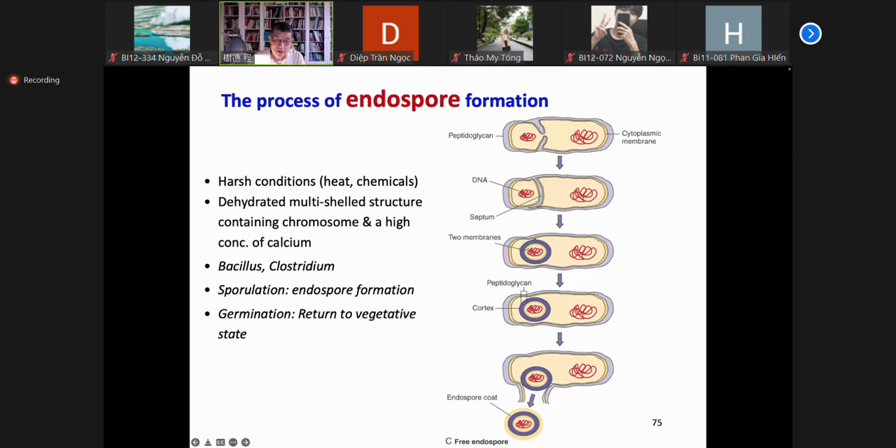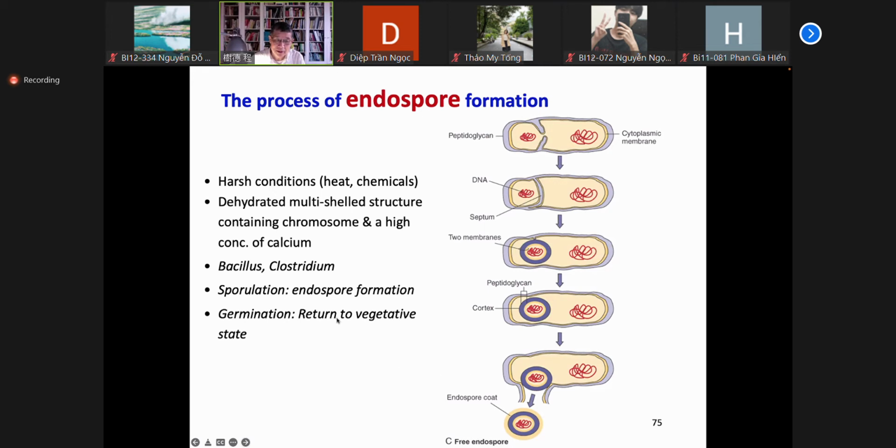So eventually this endospore has the coat, and then eventually the mother cell is degraded. That is, this part, mother is dead and daughter is alive. Daughter was released. So this is the formation process.